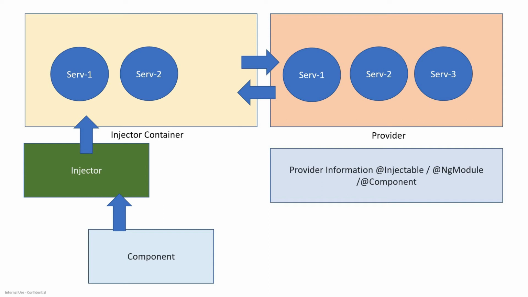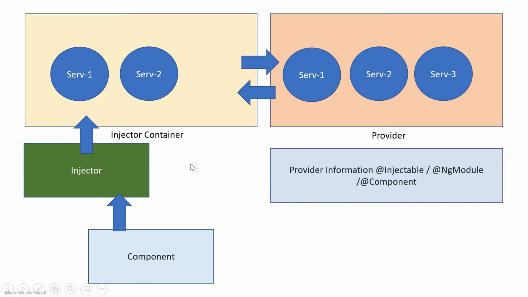The provider has the blueprint of service 3, so it takes the blueprint and gives it to the injector. Now the injector registers a new service here, so service 3 will come here.